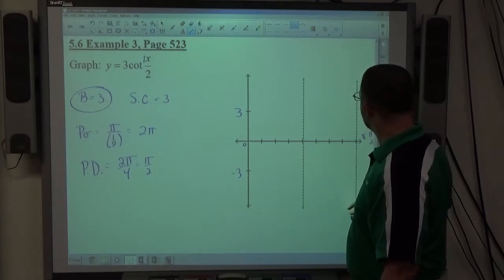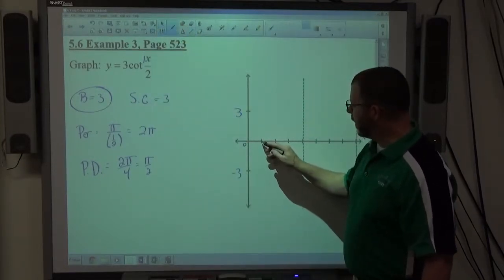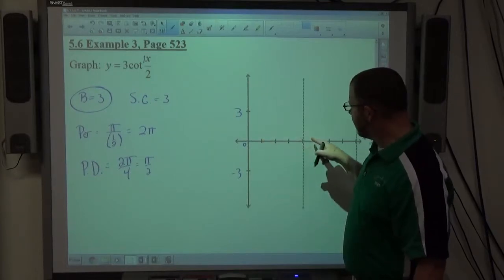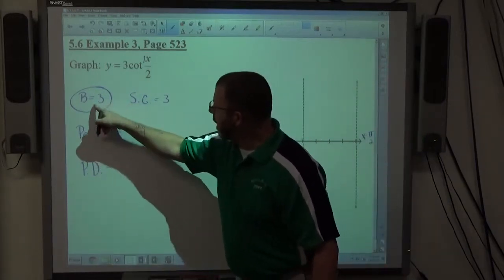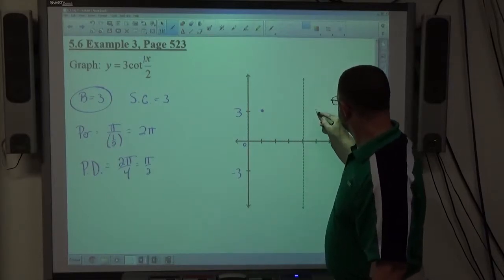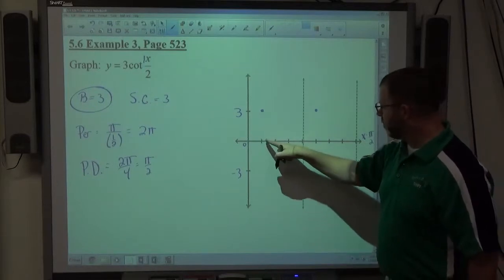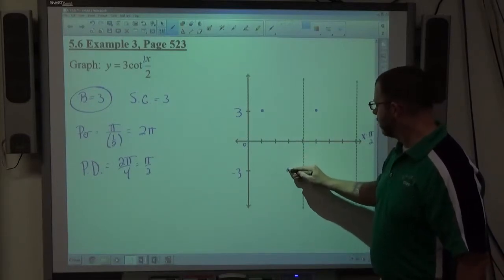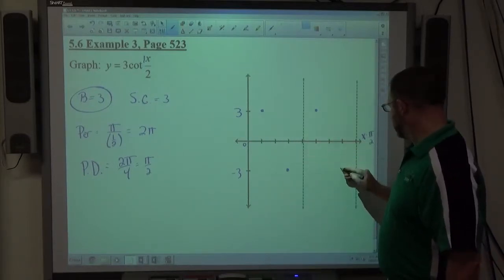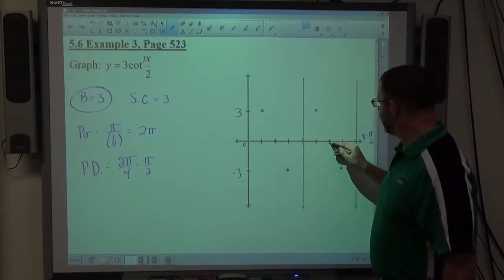That's where the asymptotes go. And I'm going to put a plus b at 1 and 5, and plus b is positive 3. And I'm going to put a minus b, which is negative 3, at 3 and 7. And a 0 at the only two left, which is 2 and 6.